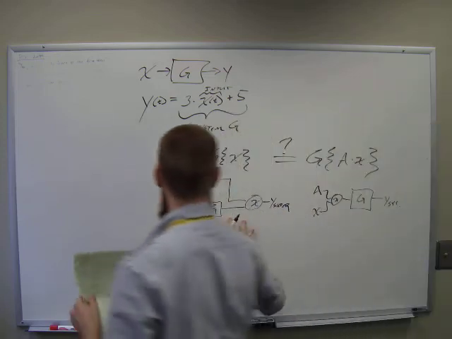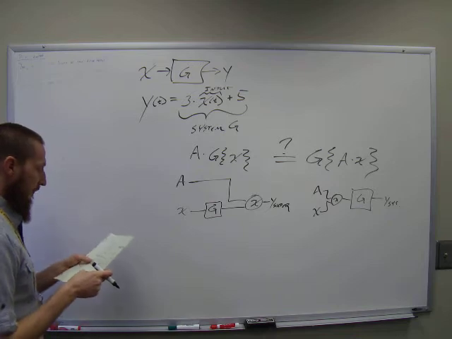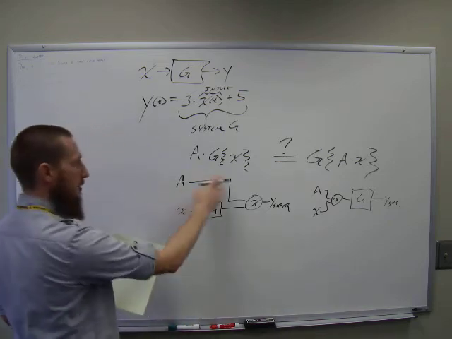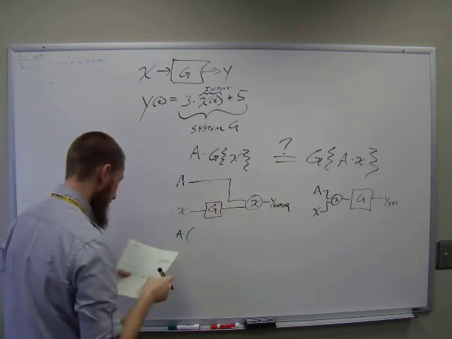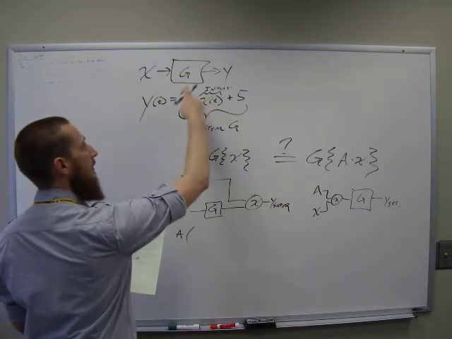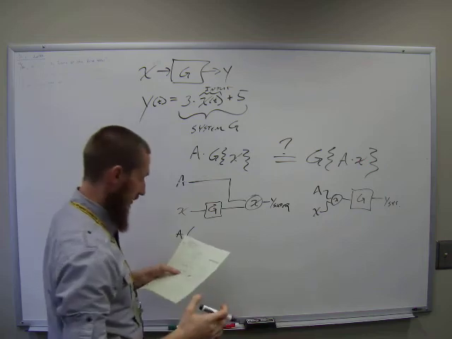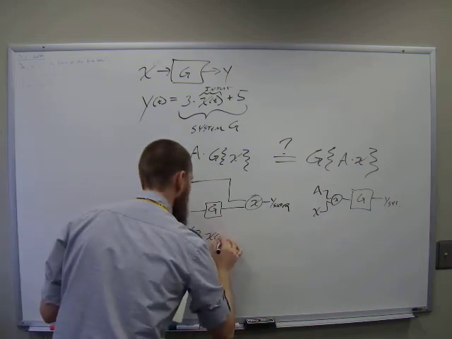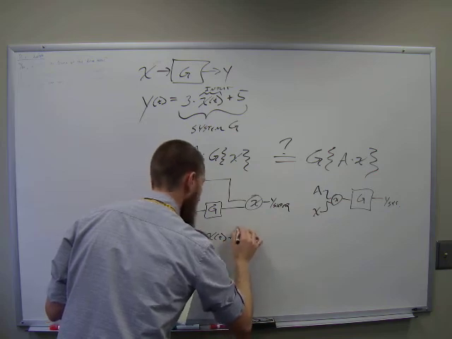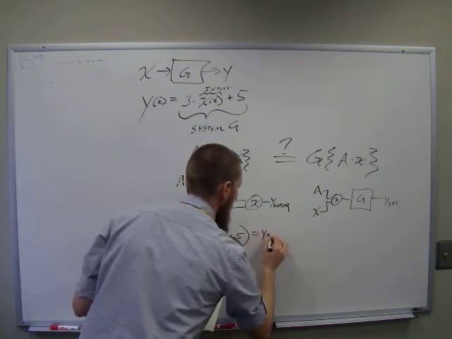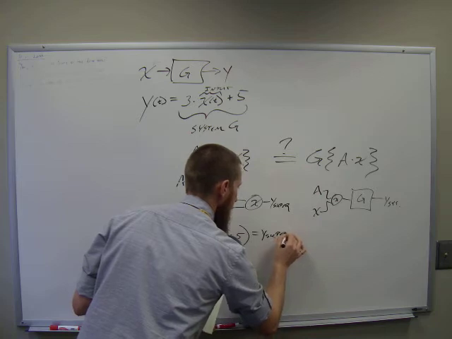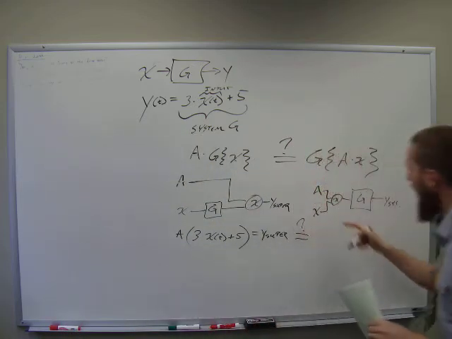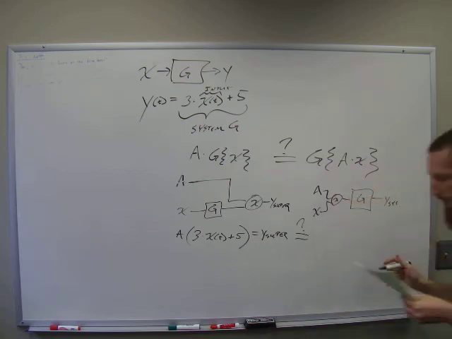Let's write an equation to represent this flow graph. Okay? So, A times the quantity, all of this. We're going to look back up at the equation of the system. So A times 3 times x of t plus 5 is equal to y super. And we're asking, is that equal to this? This system is now going to be inspected.